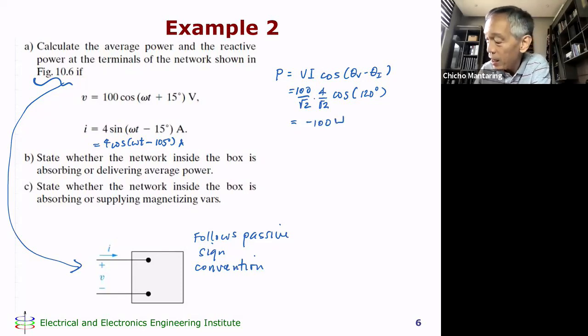So anong ibig sabihin ng negative 100? Anong ibig sabihin ng negative P, if you follow the passive sign convention? Can somebody tell me? Nakalimutan na niya yung power. I'll call out people, ano? Si John, ano palagay mo, John?